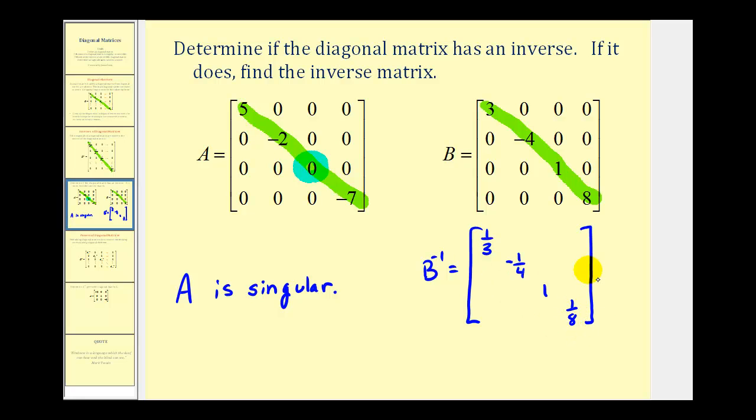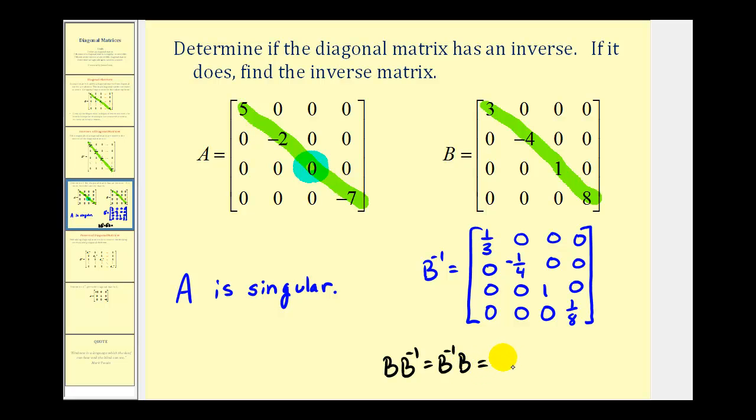All the other elements will still be 0. Remember, this means that B times B inverse is equal to B inverse times B, which will give us a 4x4 identity matrix. So of course, if we wanted to, we could check this.